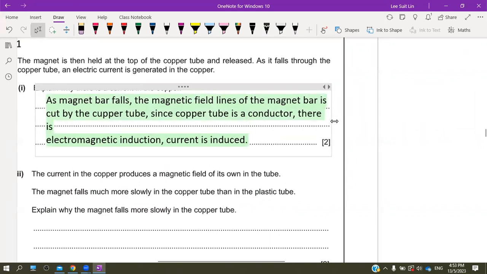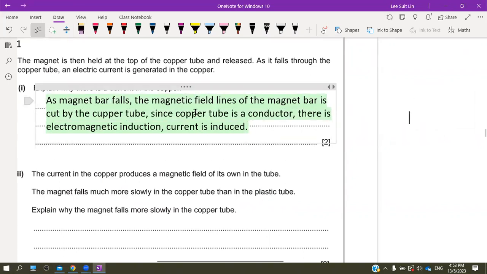Okay. The whole idea is when the magnet bar falls, the magnetic lines of the magnet bar are cut by the copper tube. You can assume the copper tube is a lot of copper coil very, very close to each other, then become a tube. Okay. So because there is cutting, there is induced EMF and also induced current.